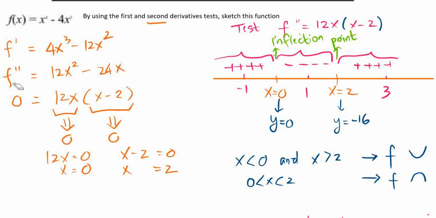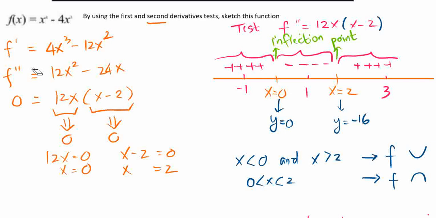So f double prime equals 12x squared minus 24x. 3 times 4 is 12, 3 minus 1 is 2, so 12x squared. 2 times 12, the 2 we put down, times 12 is 24, and x squared, 2 minus 1 is x only. So this is our second derivative equation.